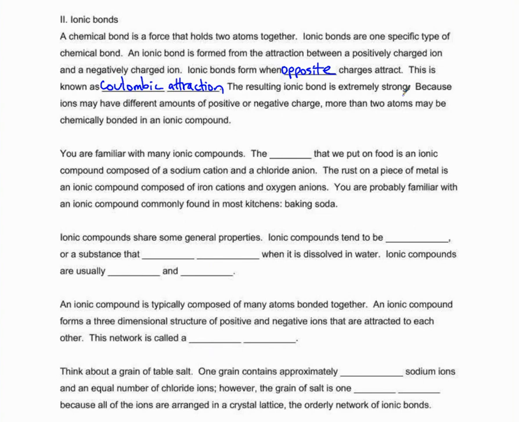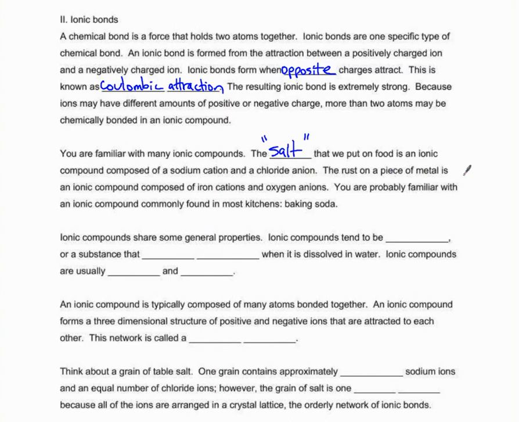So you're familiar with a lot of ionic compounds. For instance, the salt that we put on food, and I'm going to put that in quotation marks because in chemistry, salt is a very general term. The salt that we put on food is an ionic compound, and it's composed of a sodium cation and a chloride anion.